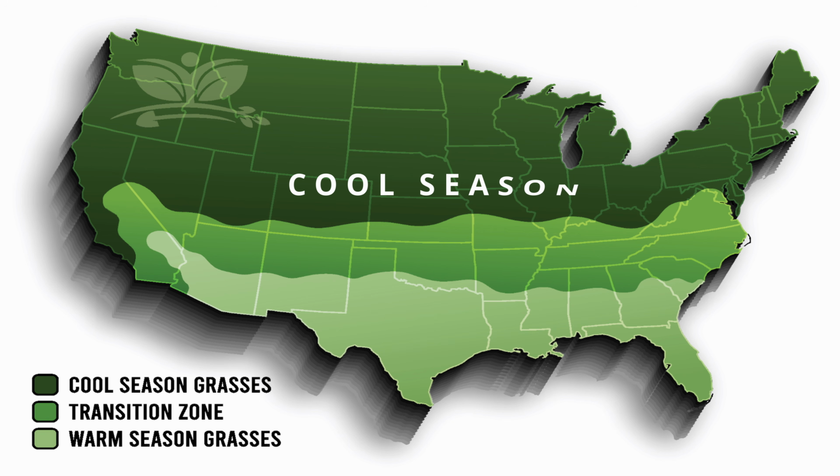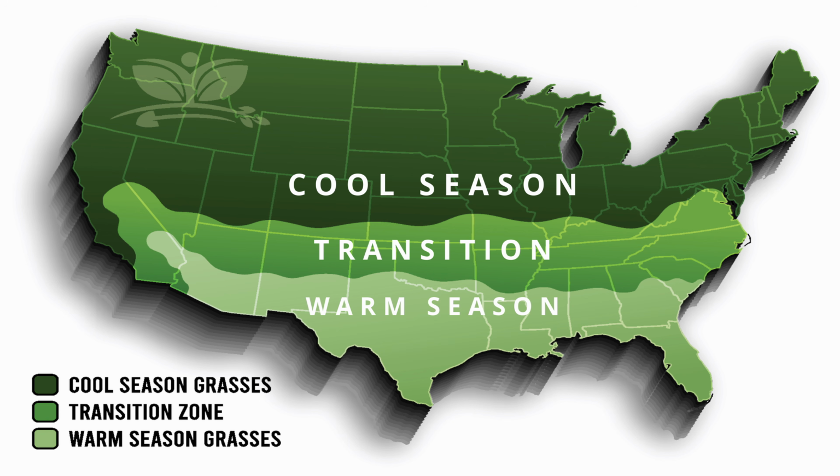At this point, we've gone over where you live, regionally in the States, for your grow zone. We got the cool season zone, the transition zone, and the warm season zone. Then we walked you through the basics of what you need to understand on the soil test. That's going to be your pH.